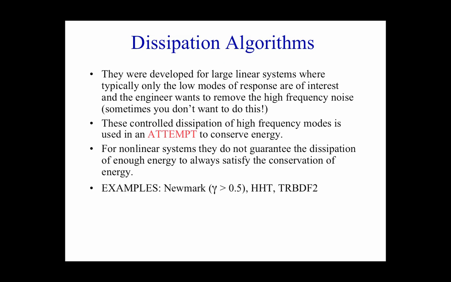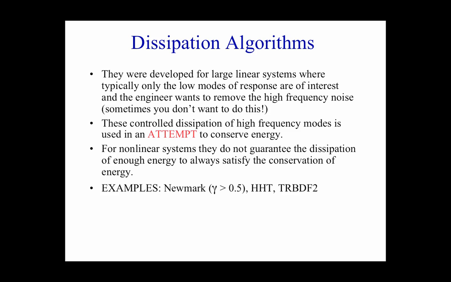So we look at some dissipation algorithms. They were developed for large systems. Typically, we only cared about the lower modes of the structure. If you do the modal analysis of a structure, all you really care about is the first couple of modes. You don't care what's happening to the other modes. So these algorithms were introduced to elastic analysis basically to dissipate those higher modes.